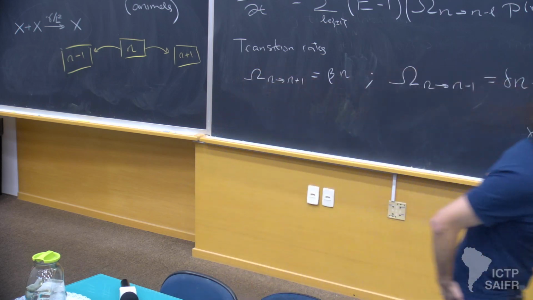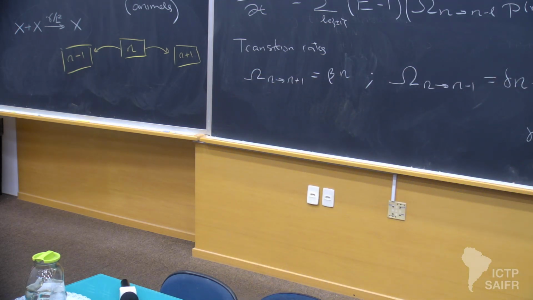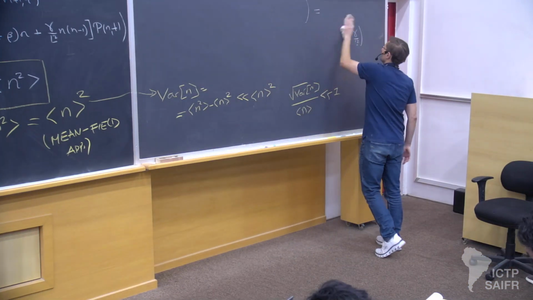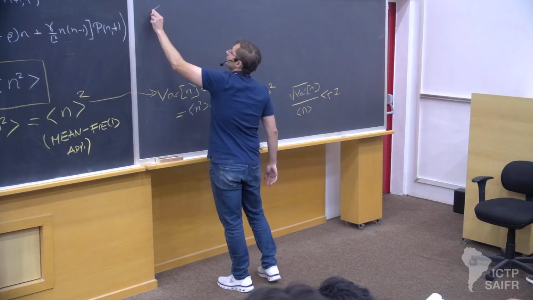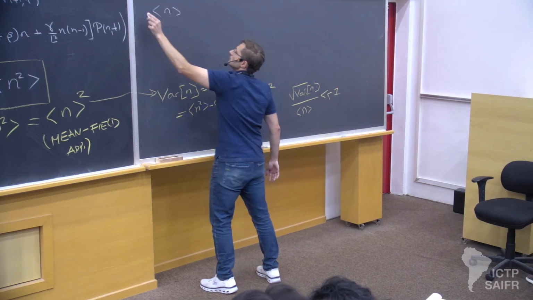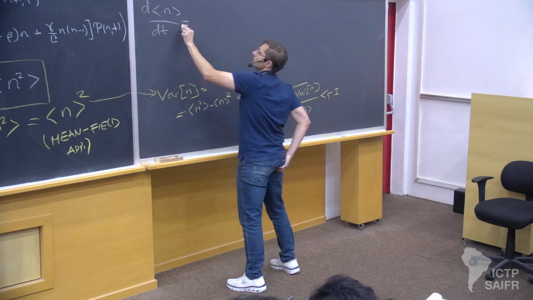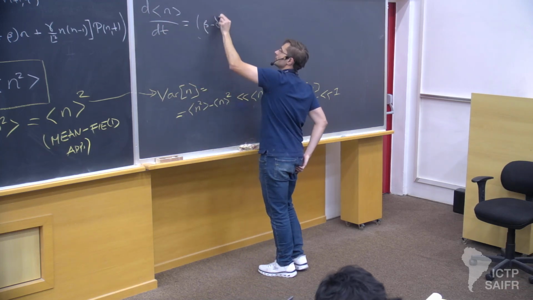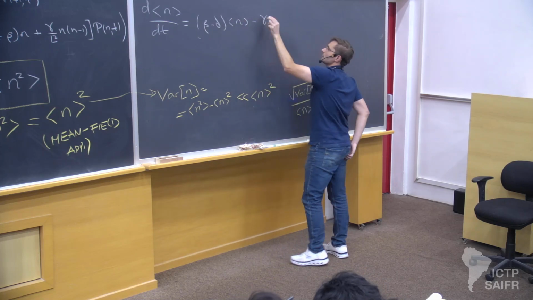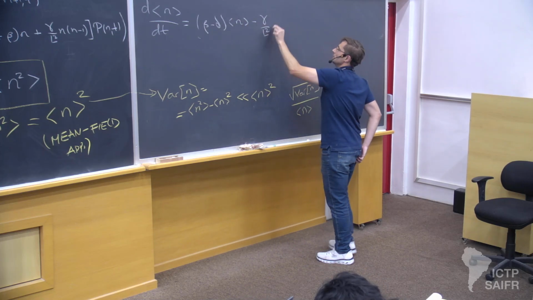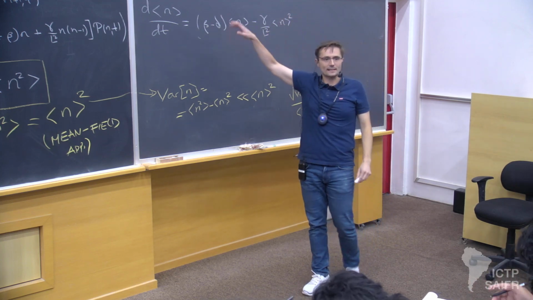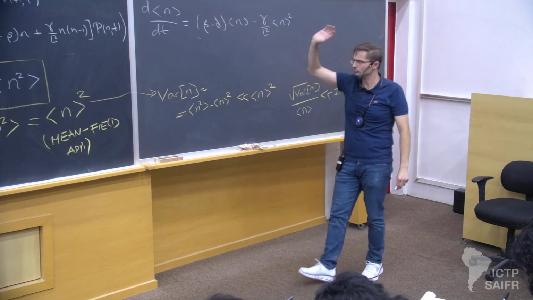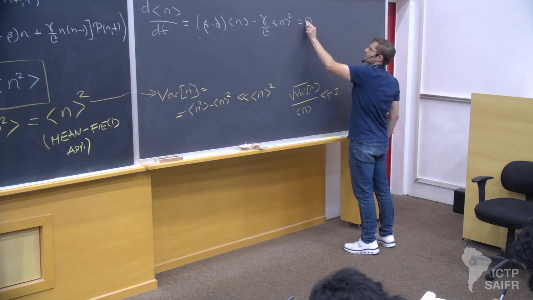Okay, let's solve this equation with this as an approximation. This is my equation. The time derivative of the mean of n is equal to beta minus delta times n minus gamma L squared times n squared. This, you can even solve it exactly, the ordinary differential equation. As we've been doing so far, let's look at the stationary state.